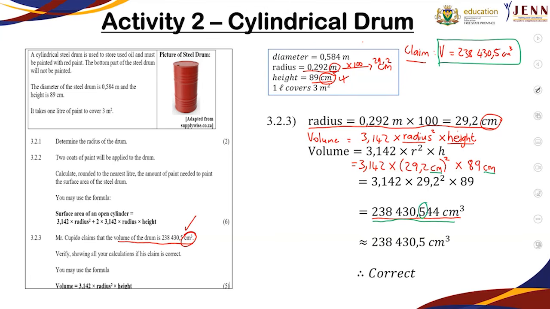So this number that I have here, I must round it to 1 decimal to check whether Mr. Cupido is correct or not. If I round to 1 decimal place, it will give me 238,430,5 cubic centimeter. Therefore, Mr. Cupido's claim is correct. Therefore, you write your conclusion: he is correct.